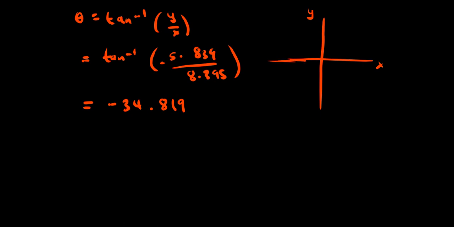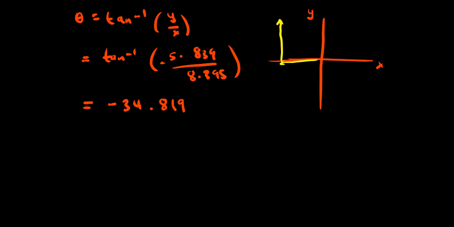Let me use a different color. So I move to the left like this. Then I have another value of y, which is 5.83, in the positive direction. So I'm moving up, okay, like that.